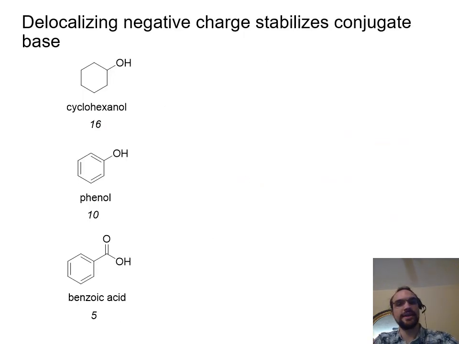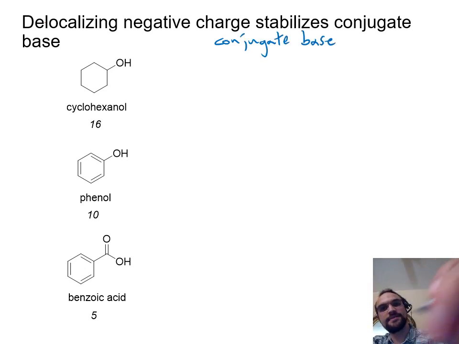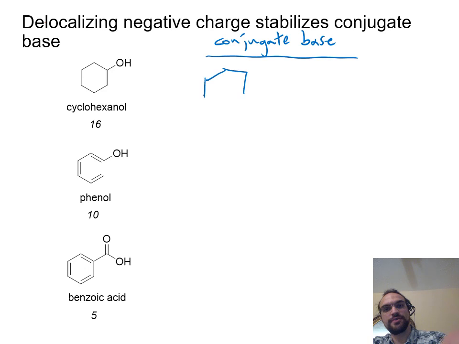Okay, so let's draw the conjugate base. Cyclohexanol. Let me put this up here to indicate we're drawing conjugate bases of these species. So cyclohexanol loses a proton, which puts a negative charge on oxygen.